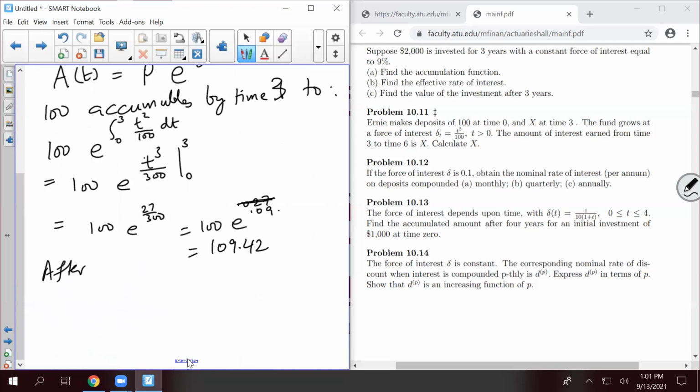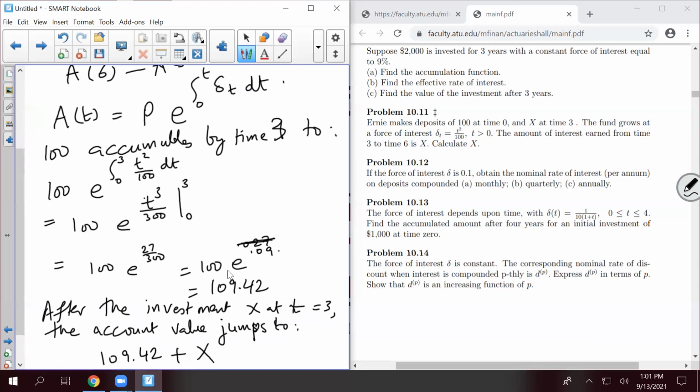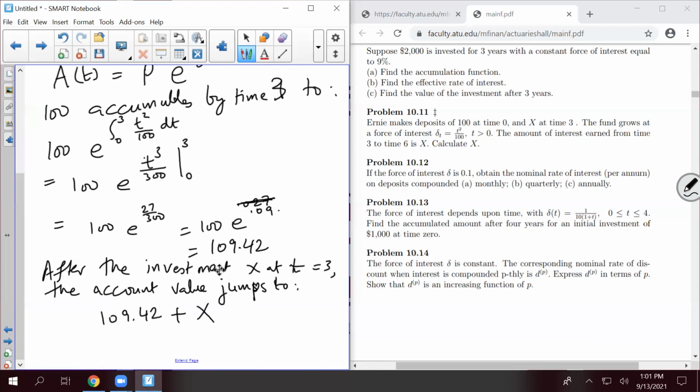After the investment X at time 3, the account value jumps to 109.42 plus X. And now for the next 3 years, from time 3 to 6, this is the amount which will now start growing, right?